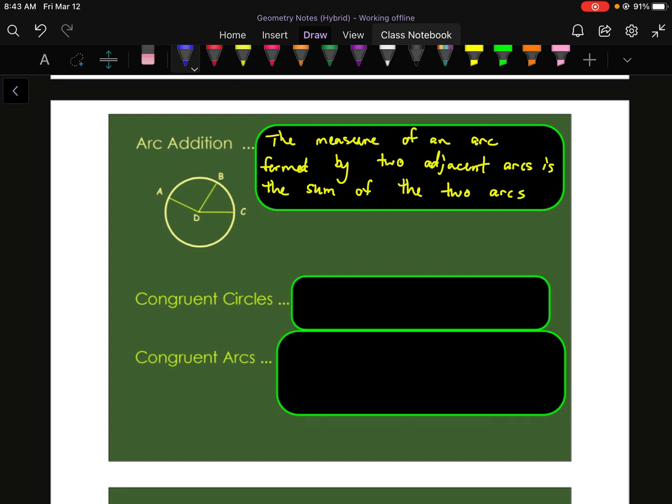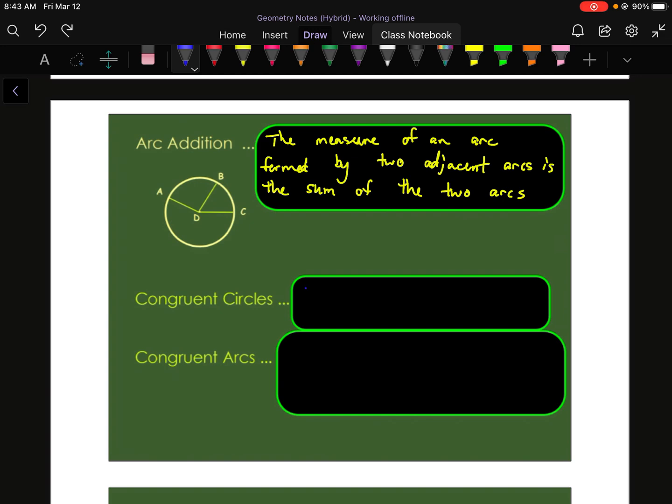So basically, if you have an arc here, they're adjacent, which means they're next to each other. If you take the angle of one, add it to the angle of the other, that's arc addition. You added two arcs because they're adjacent, you can do that, and you get the whole arc, all the way from A to C in this example.